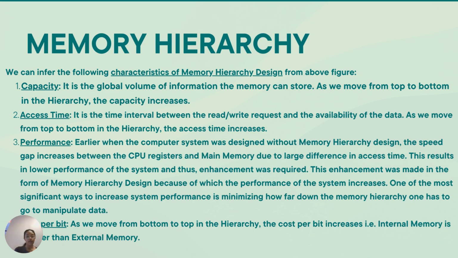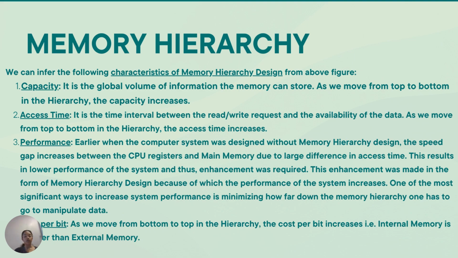Then performance. As we go from top to down, the performance lowers, because as they store much more data, it becomes difficult for them to retrieve data. So performance obviously decreases. And the last one is cost per bit. This is a financial factor.